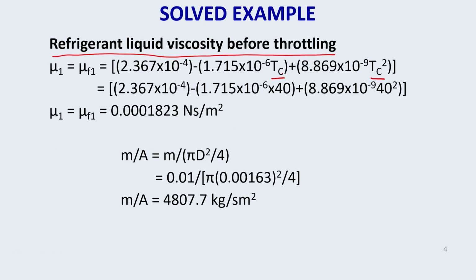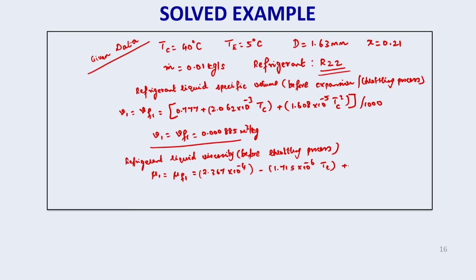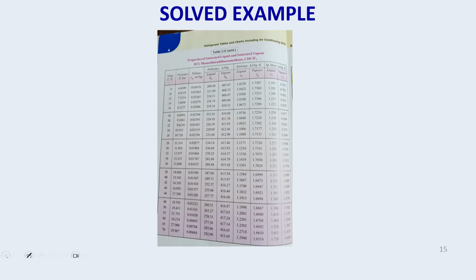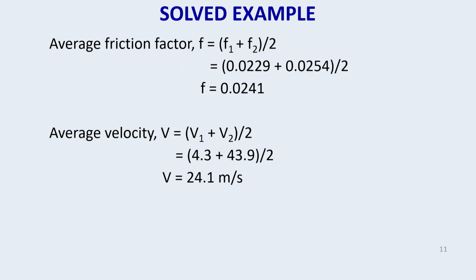Then 1.75 into 10 power Tc, plus 8.869 into 10 power minus 9 Tc square. So this will be the empirical relation to evaluate the viscosity of the liquid refrigerant.